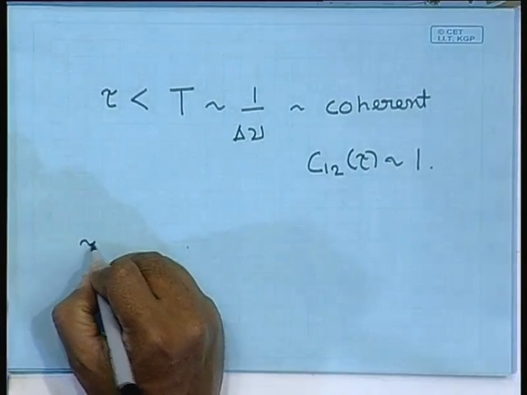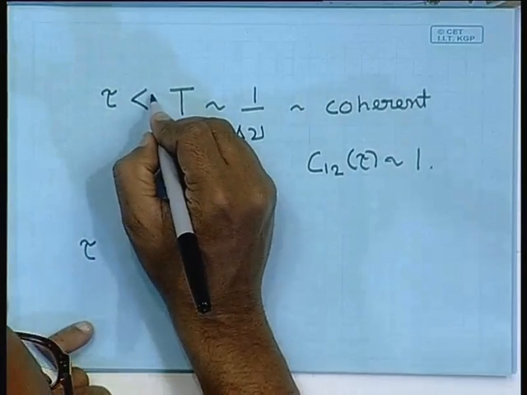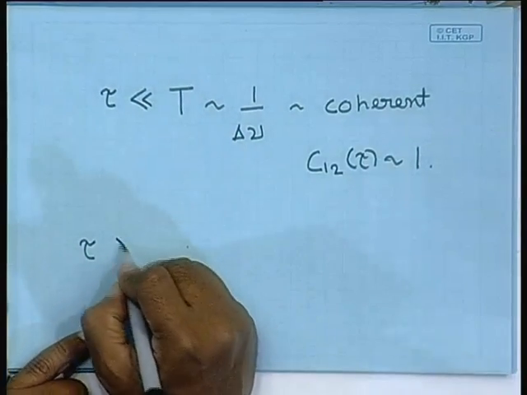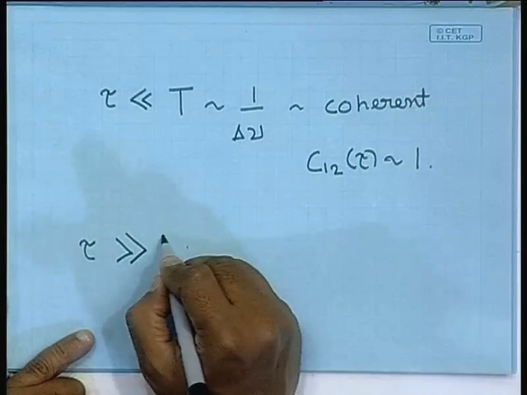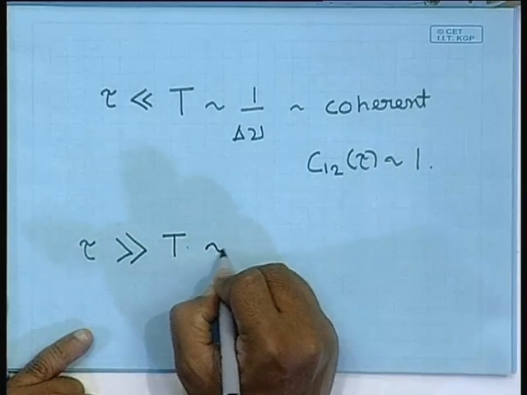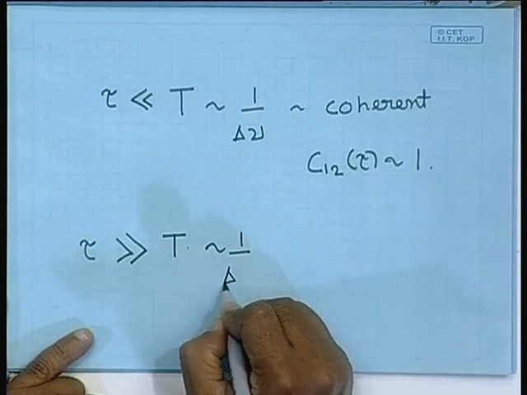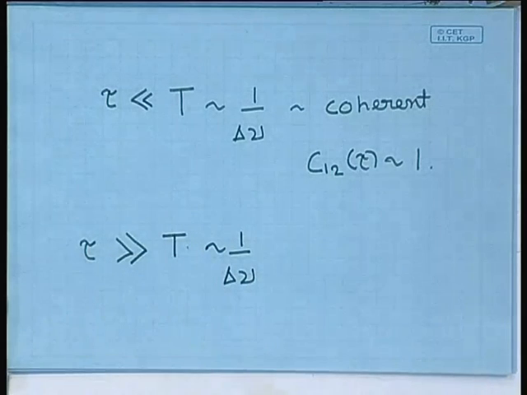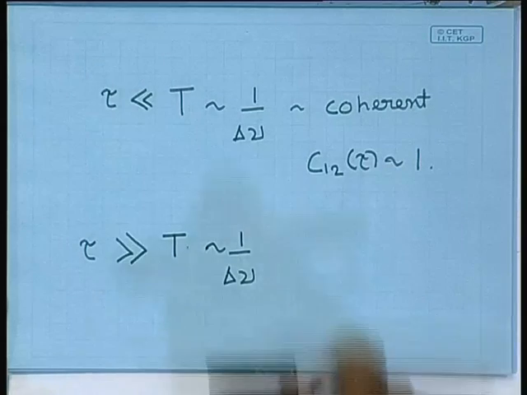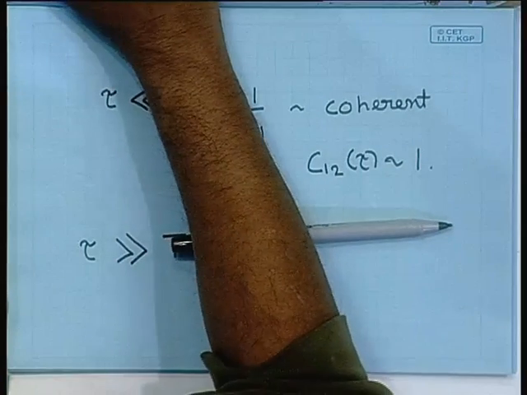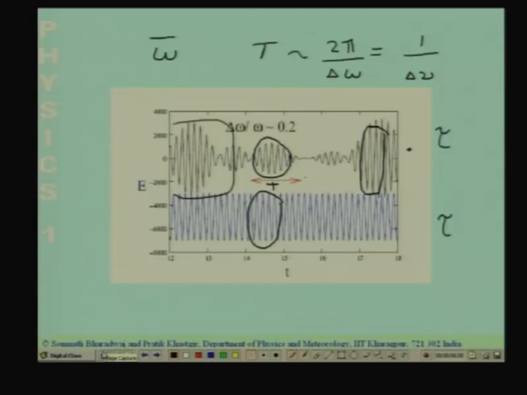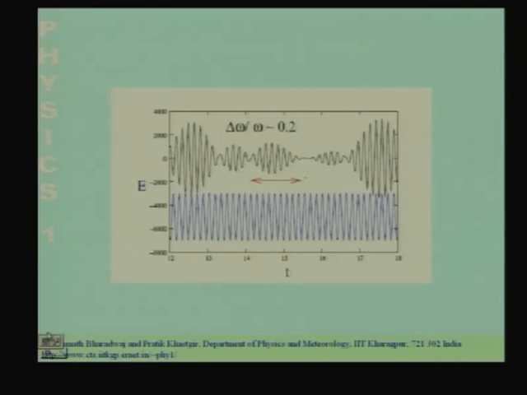Whereas if tau is much greater than the time scale on which the slow variation of the amplitude occurs, so if I give a time delay to one of the waves which is much larger than this, let me show you what I mean.